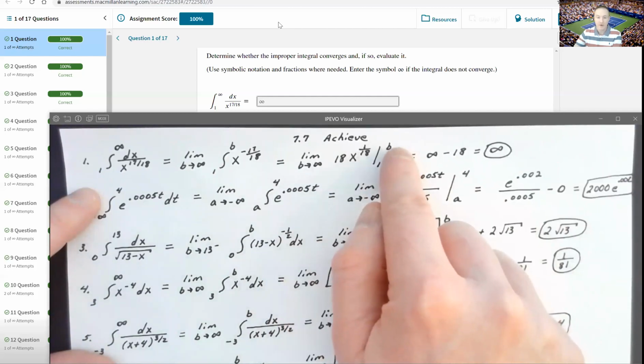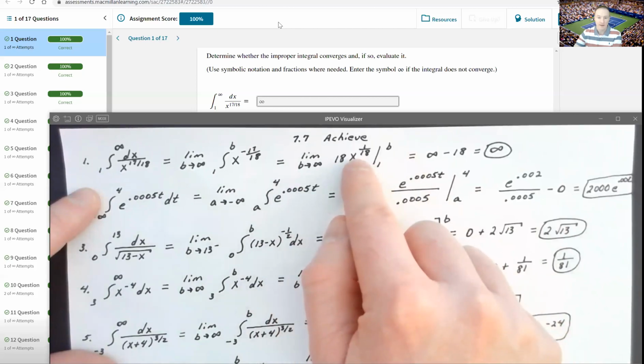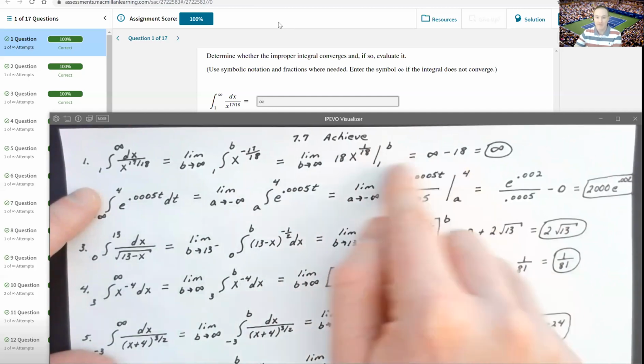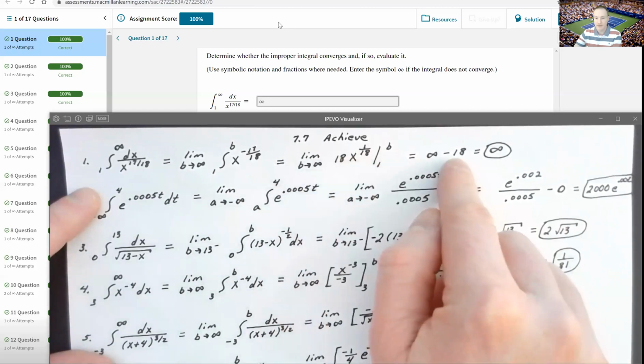Well, I already know when I plug in b, it's going to be a number approaching infinity, and a number approaching infinity to any power is still infinite. Now, I went ahead and showed that over here by just showing, well, it's an infinite number. And then minus your lower limit, when you plug a 1 in, you would get 18 times 1, which is 18.